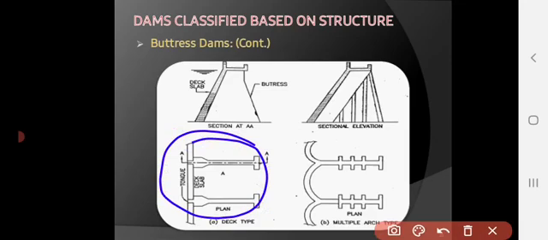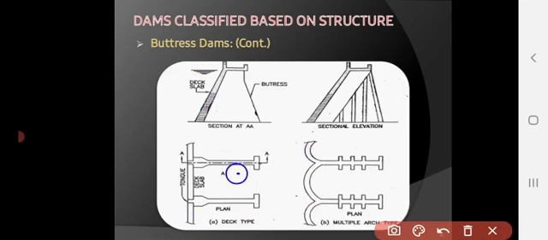This is the top view. So if the deck slab is of arch shape, then it is known as a multiple arch buttress dam, right? So in the case of a buttress dam, at the downstream side we can store a small amount of water.